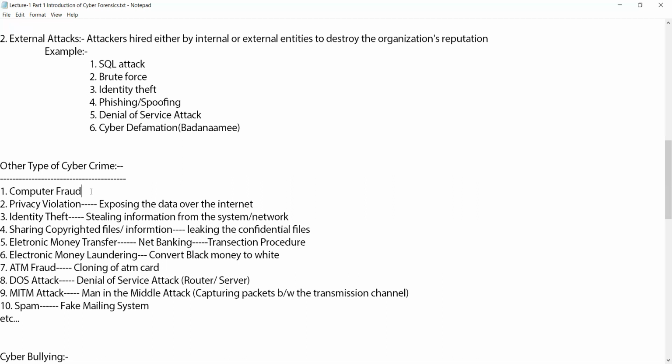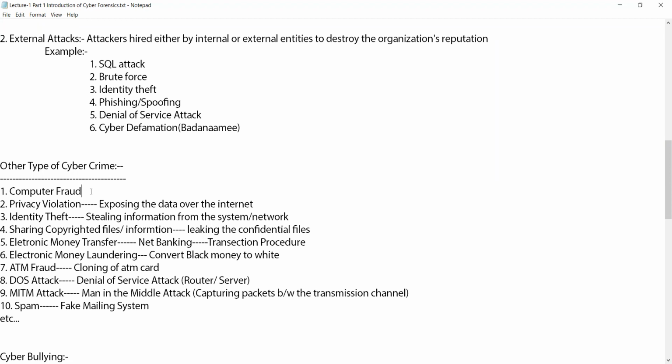So if we discuss the MITM attack, how does it work? MITM is short for man in the middle attack, which is used for capturing the packet between the transmission channel. Once they have captured the packet, they can perform manipulation and alteration on that packet and change the data in it.